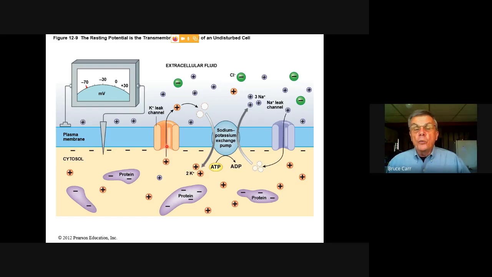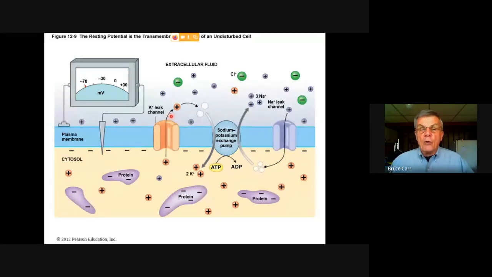That means that it is open to potassium and only potassium. The transport is one way from inside to outside. No ATP is required. It's called a slow leak channel. Purple represents sodium, and here's the sodium carrier and the sodium ion, and it's a slow leak channel allowing sodium to move the opposite direction from outside to inside.